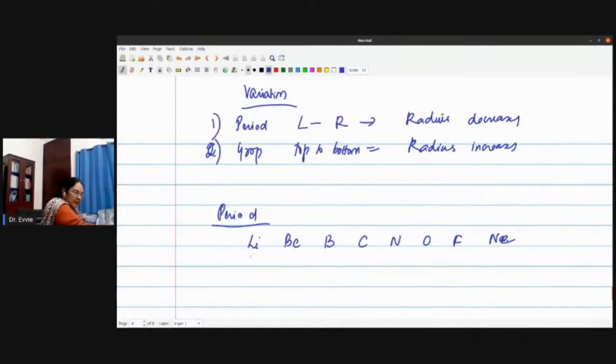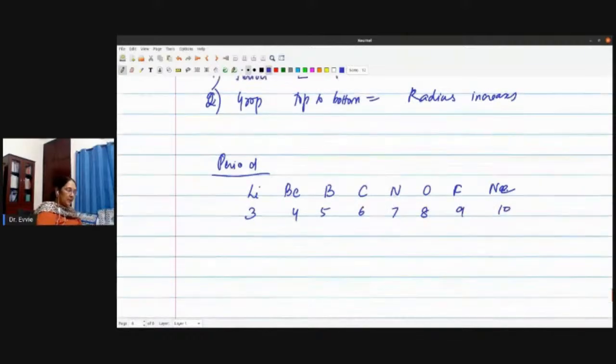The atomic numbers are 3, 4, 5, 6, 7, 8, 9, and 10. The electronic configurations are 2,1; 2,2; 2,3; 2,4; 2,5; 2,6; 2,7; and 2,8. We know that this is also your Z value.